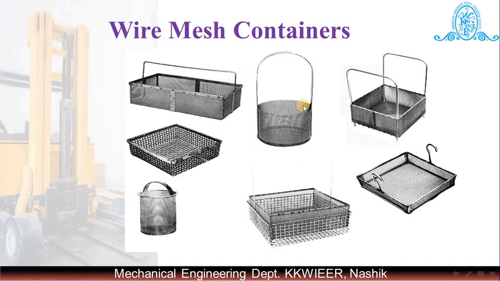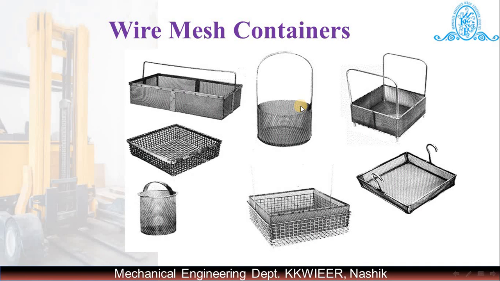Wire mesh containers are usually preferred over wooden or plastic containers for the sake of cleanliness. So if a liquid product is there, or sometimes the components are related to transferring fire-affected products, at that time wire mesh containers are usually preferred.